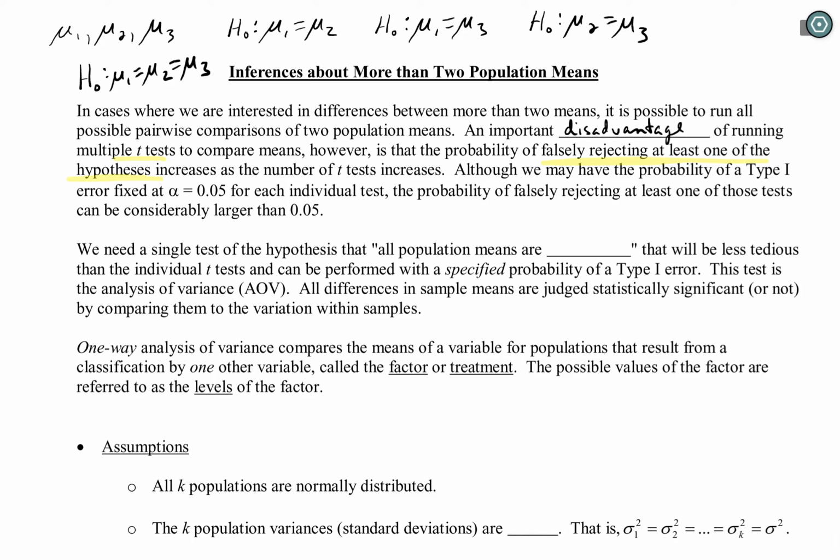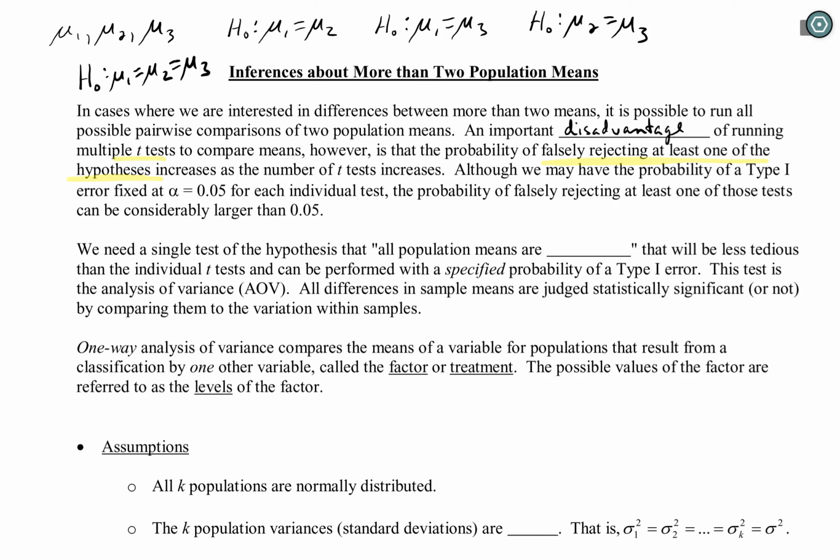Suppose each test we did at the alpha 0.05 level. While each test individually would have a type 1 error rate, or significance level, of 0.05, the overall type 1 error, that is, at least one of the tests incorrectly rejecting a true null hypothesis, can be considerably larger than 0.05.